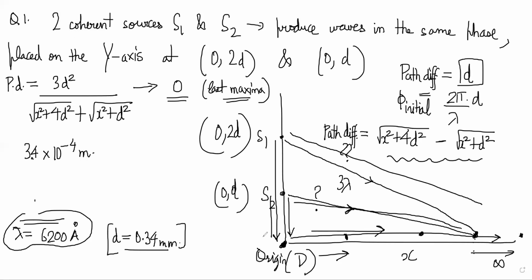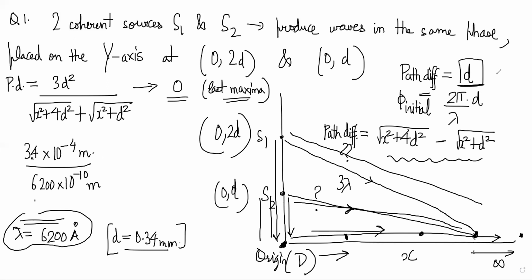So if we know the path difference here, this divided by 6200 into 10 power minus 10 meter, that should give us the actual path difference.